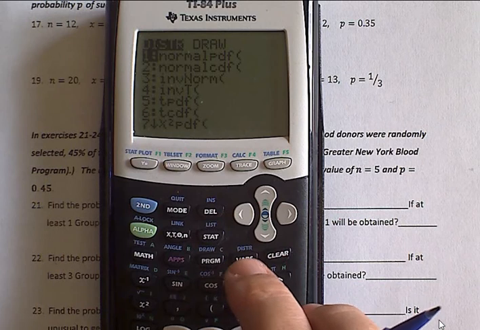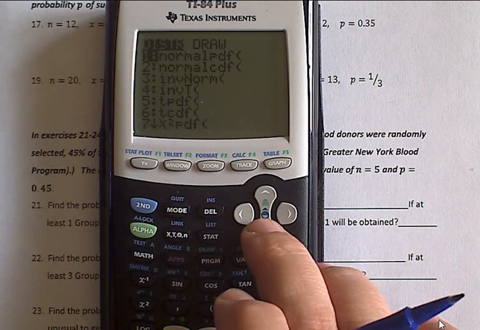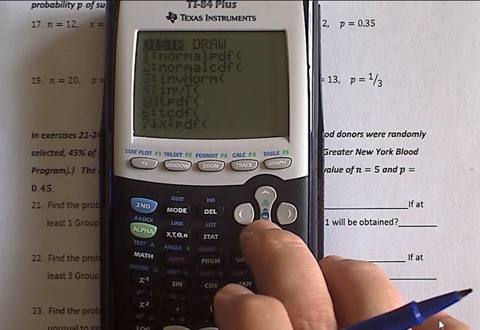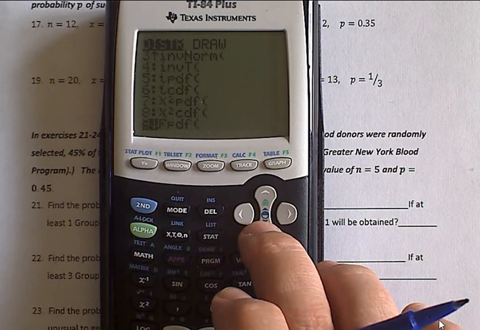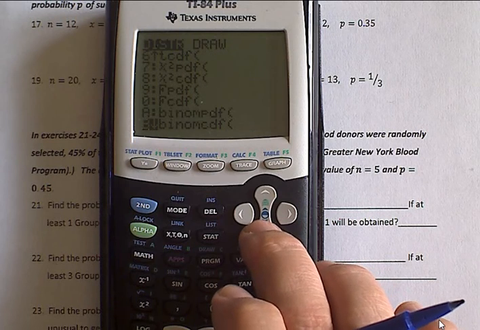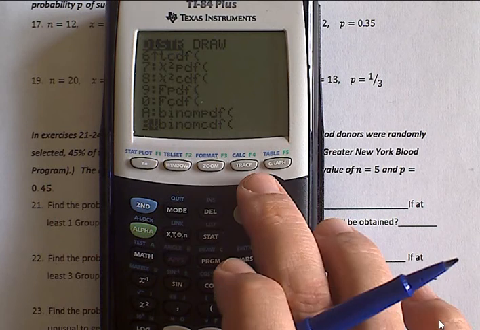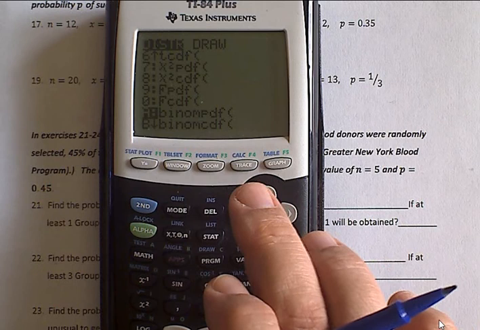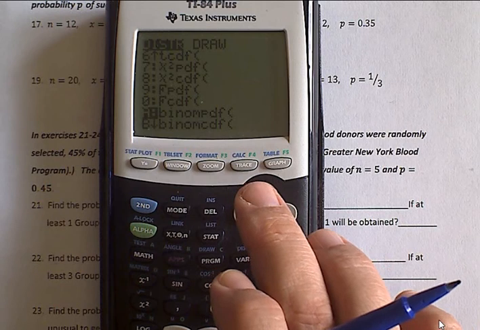Okay. I get this menu. I'm going to arrow down to this Binom PDF. Okay. Binom PDF. And I'm going to hit enter.